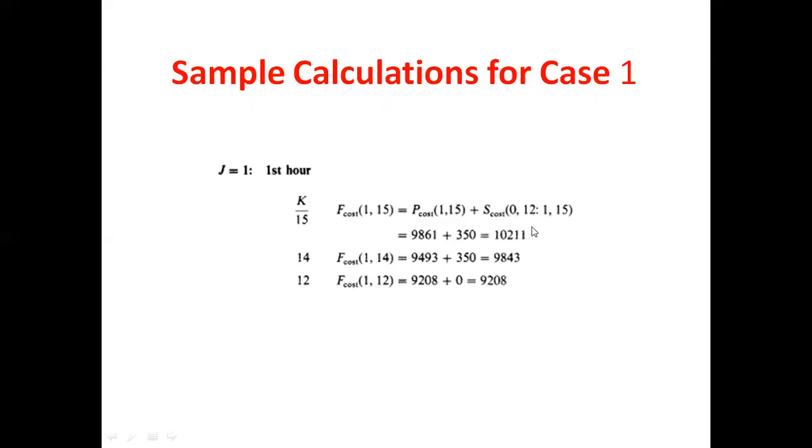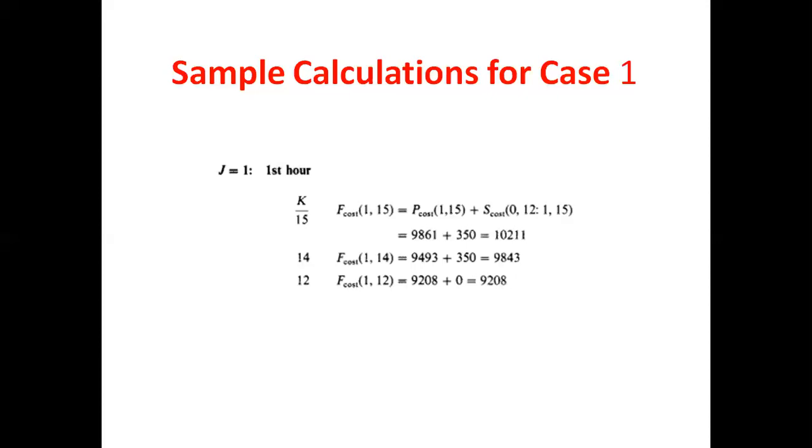It is a transition cost from the 0 hour to the first hour and from state 12 to state 15. So this is called the transition cost, the S cost, and P is the production cost.